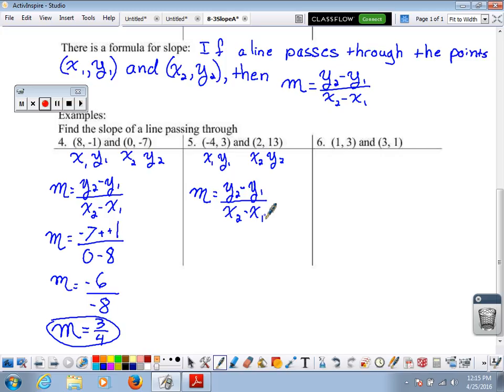Now, we labeled those points for a reason. Okay, we'll take those points that we've labeled and we'll substitute those in. So y2, that's 13, minus y1 is 3, all over my x2 is 2, minus my x1 is negative 4.